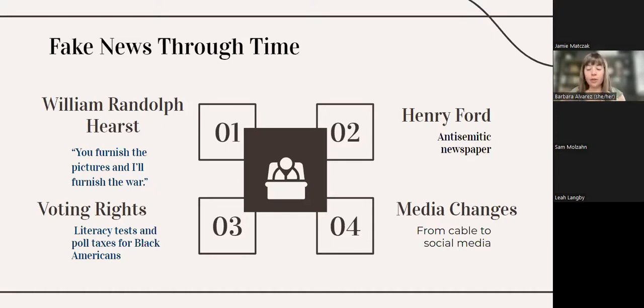So fake news can be created by anybody. It doesn't have to be created by a media tycoon or a car mogul or politicians. It can now be created by you and me, and we certainly can be part of sharing it too. And so that's really alarming. So let's go to the next slide.